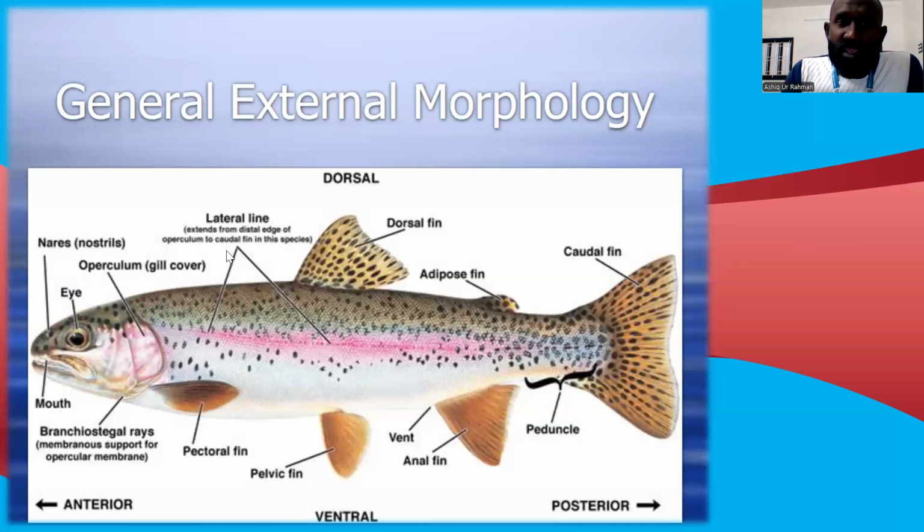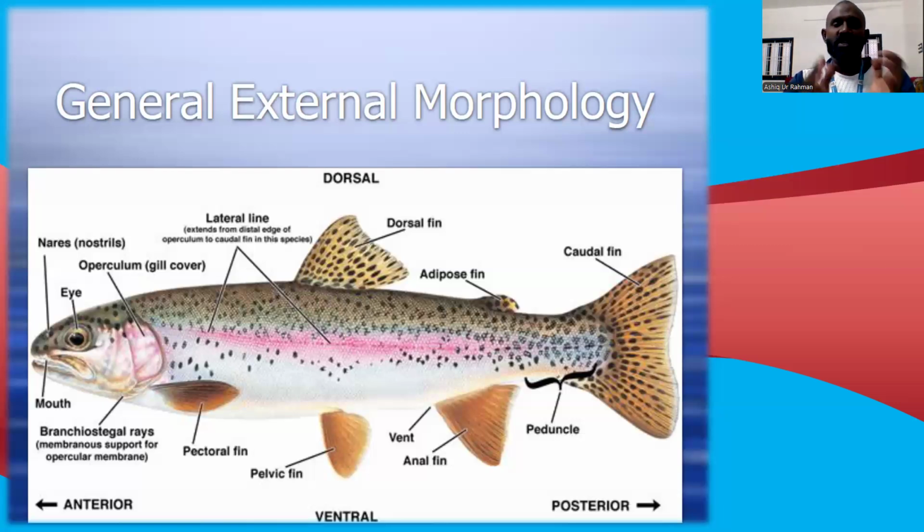So this line extends from the distal edge of operculum to the end of the caudal fin. This line also differs in different species. Either way, it is present on the lateral side and hence the name lateral line.